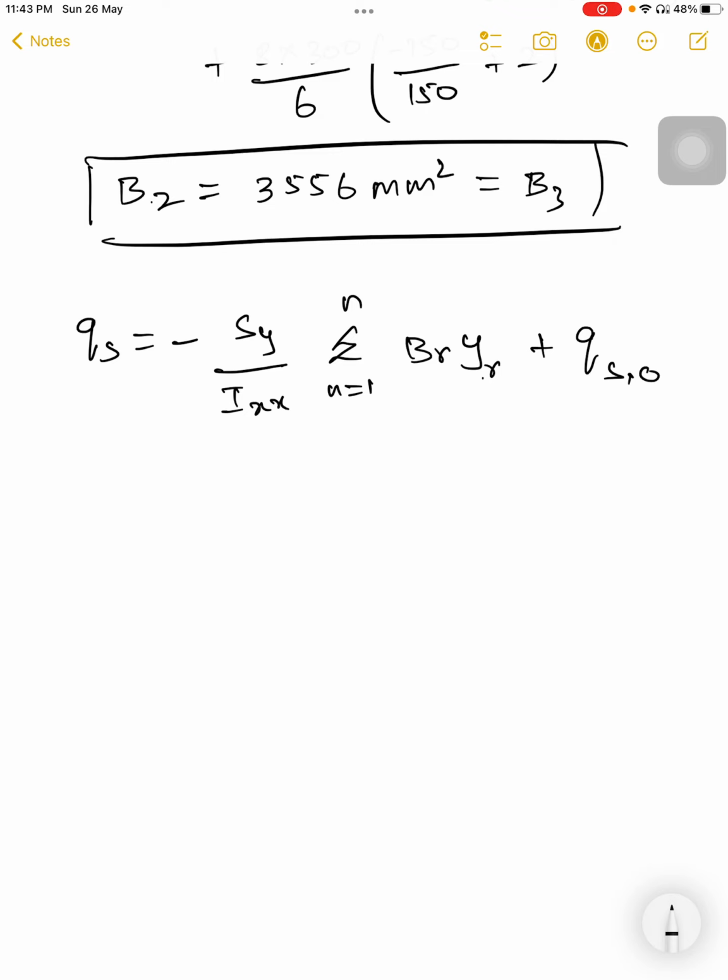So now we have to determine Ixx for the idealized section. Ixx equal to summation of a into h square, where h will be y dash minus y.